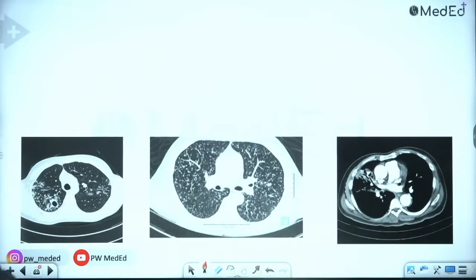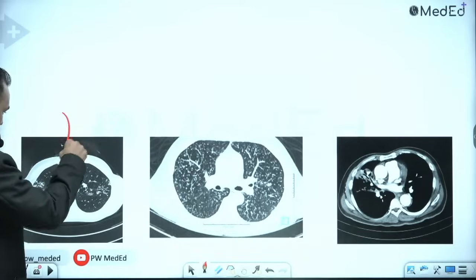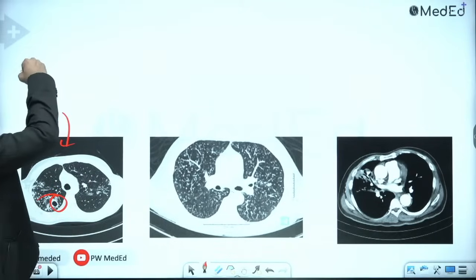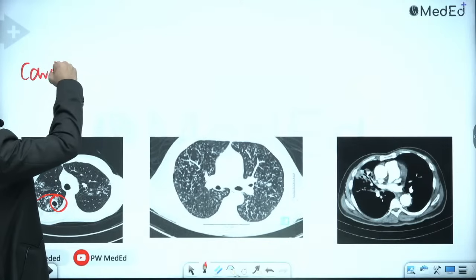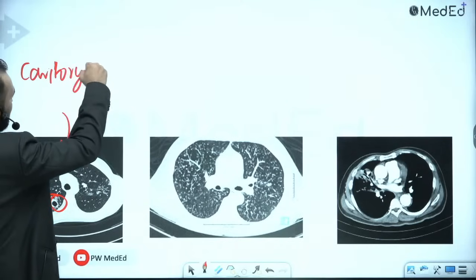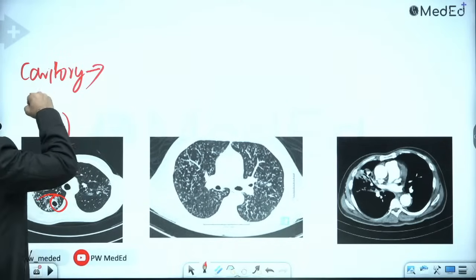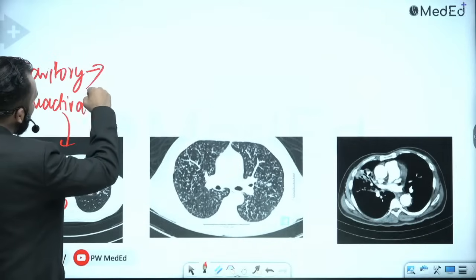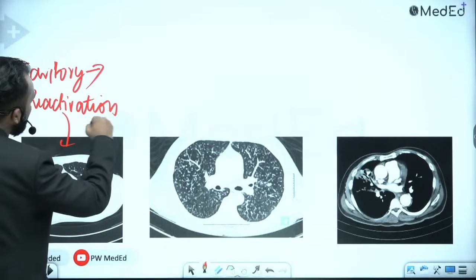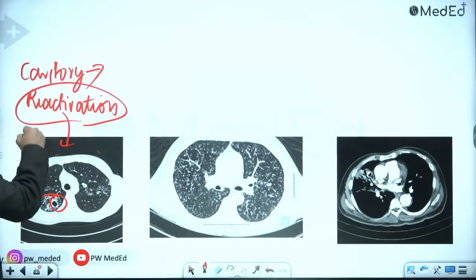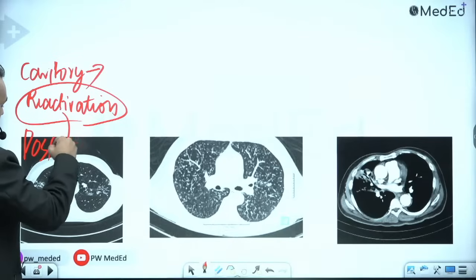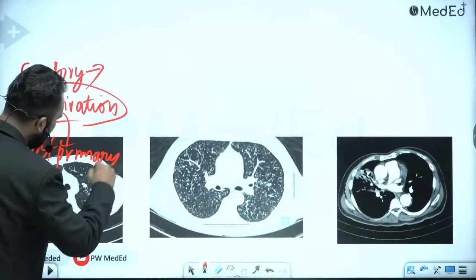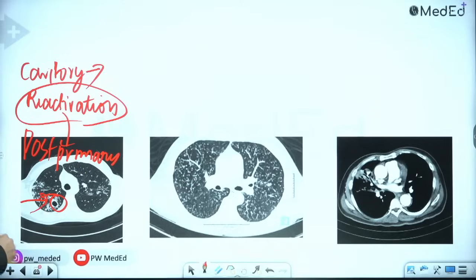Sometimes cavitary changes will be seen. You should know cavitary changes are seen in reactivation of old tubercular focus, also known as post primary tuberculosis or secondary tuberculosis. You will see areas of cavitation.